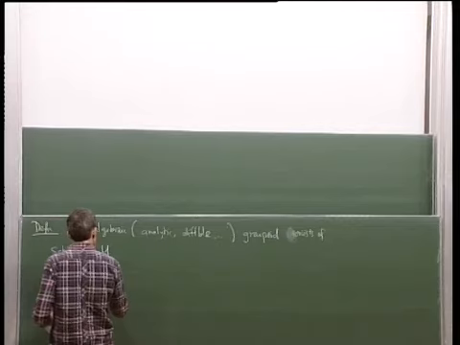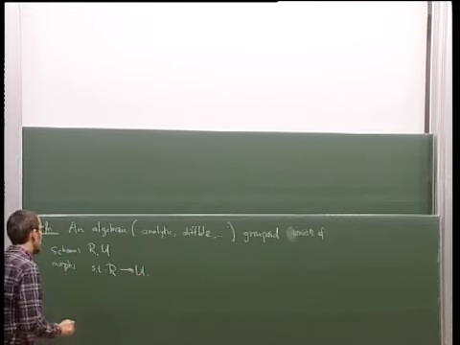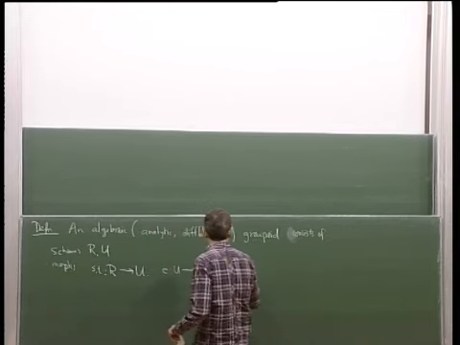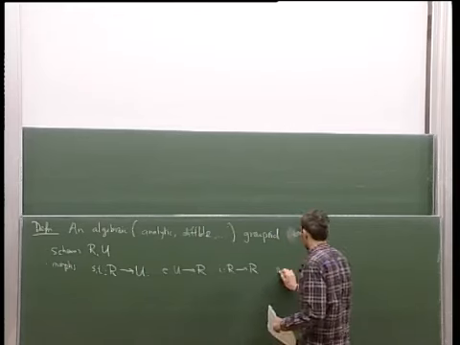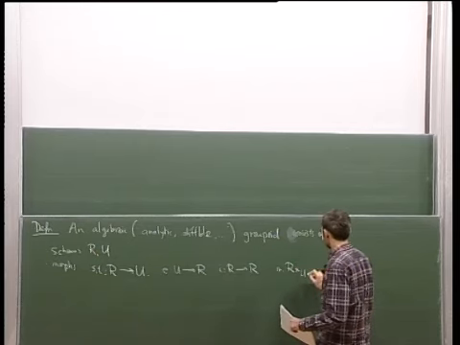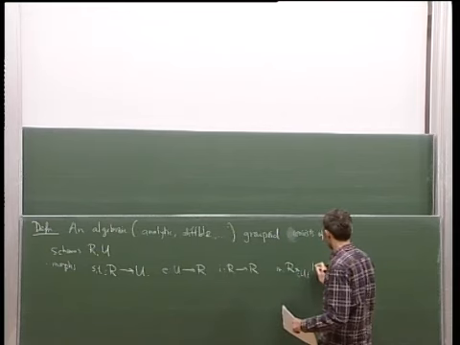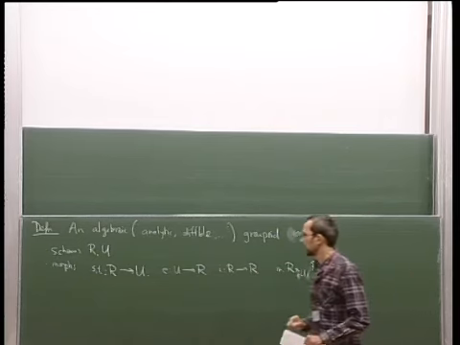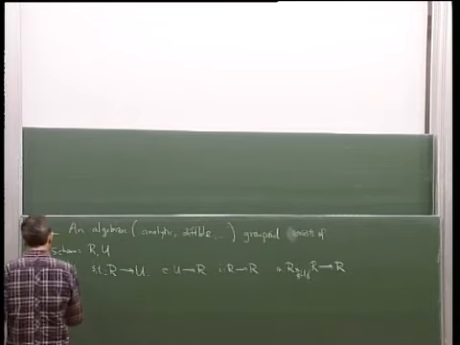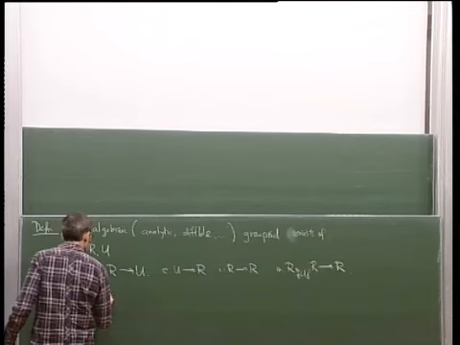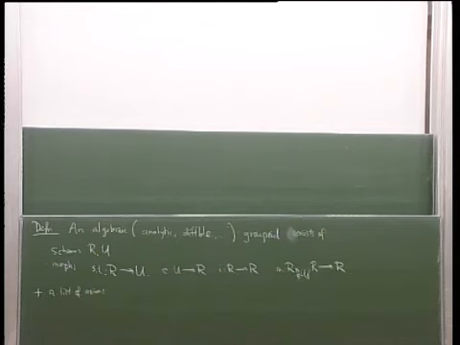S and T from R to U. There's E from U to R, I from R to R, and M from R fiber product with R to R, plus a list of axioms, and these are supposed to formalize the abstract concept of groupoids.